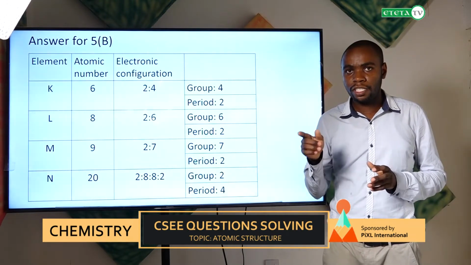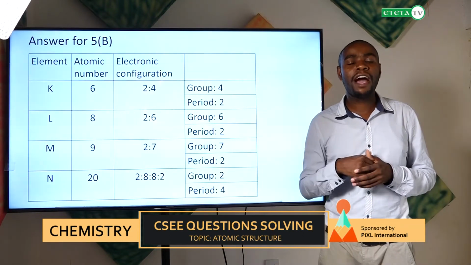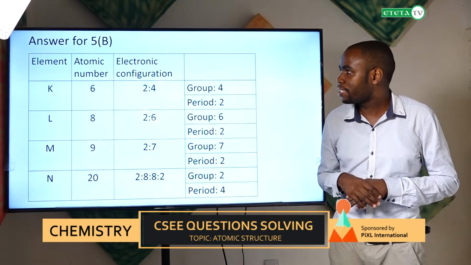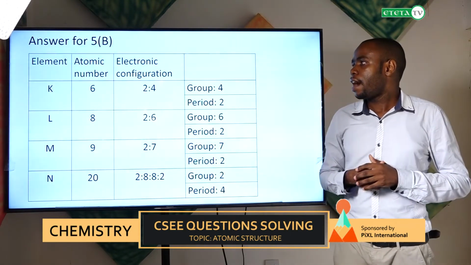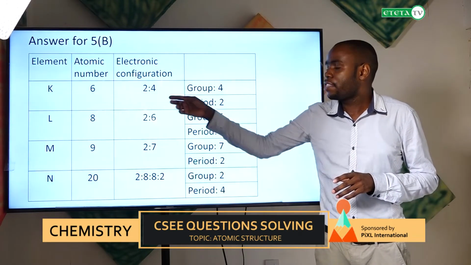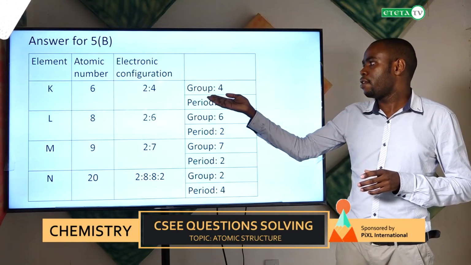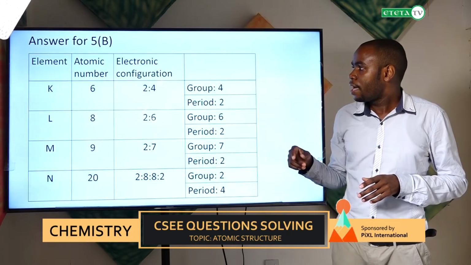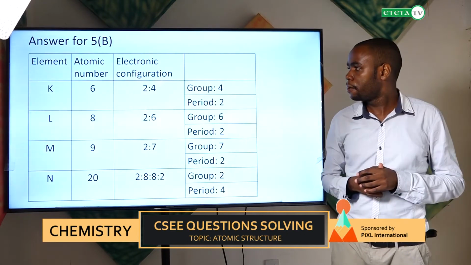The number of shells is equal to the number of the period, and the number of electrons in the outermost shell is equal to the number of the group. For element K, which has atomic number 6, the electronic configuration is 2, 4, and the number of electrons in the outermost shell is 4. So element K belongs to group 4, and since the number of shells is 2, it belongs to period 2.